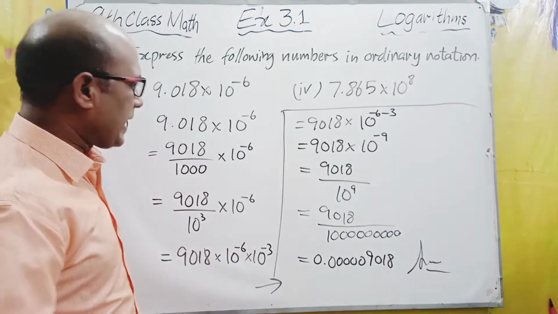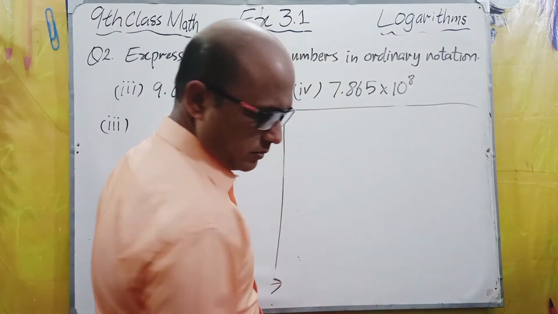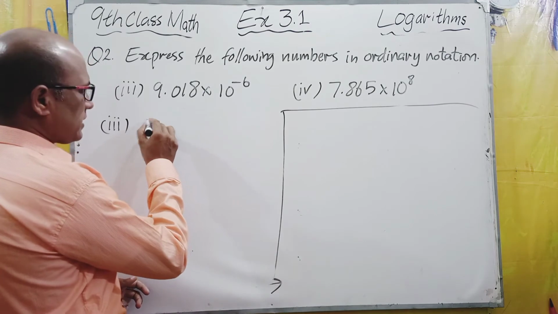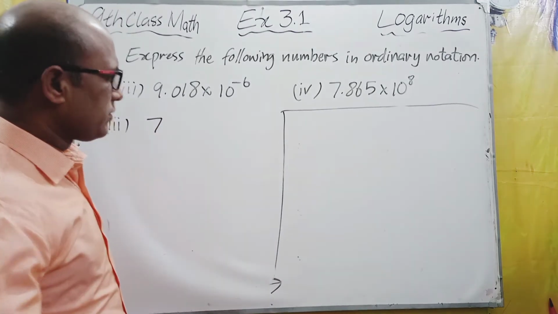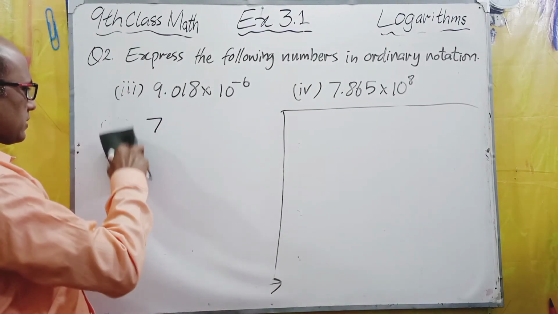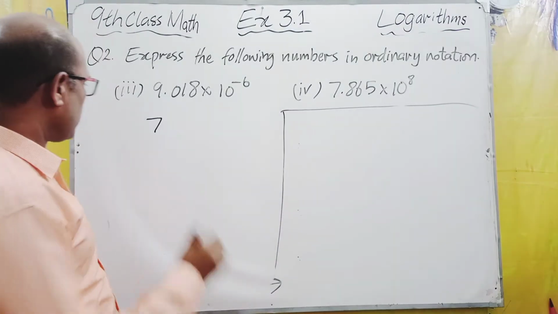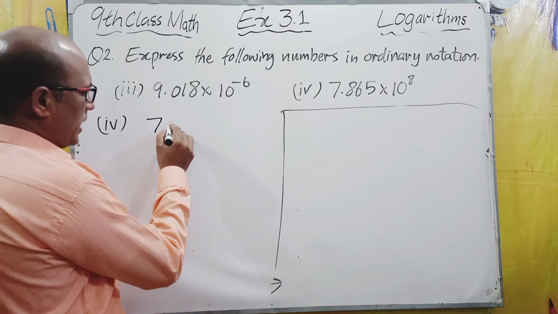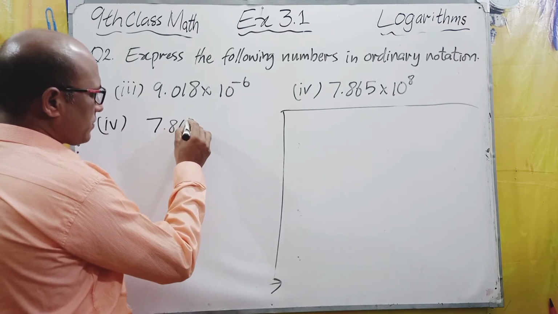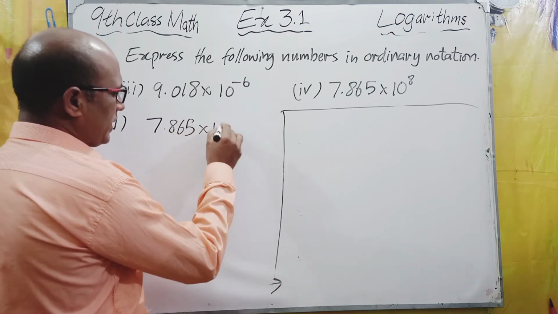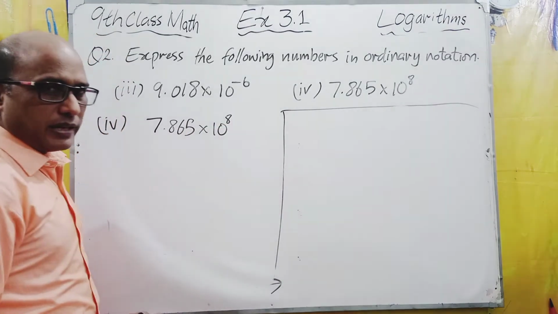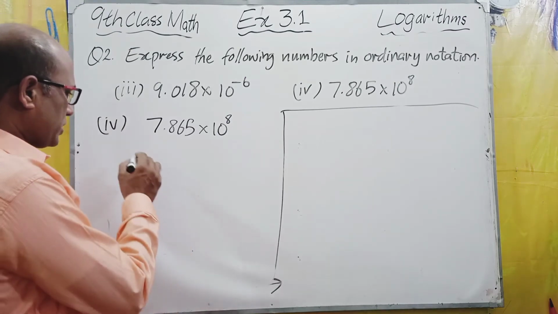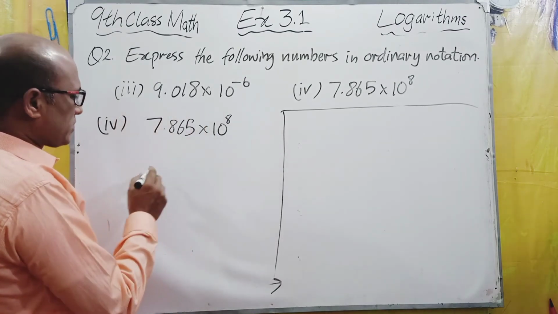Let's do the next part. Okay students, next part, which is the fourth part, it is 7.865 multiplied by 10 raised to the power 8. Again the same method which we did in part 3.